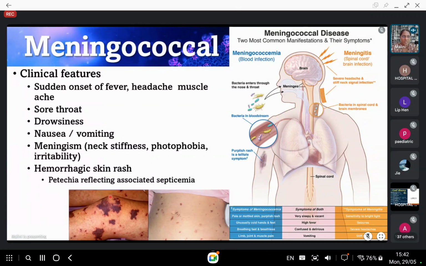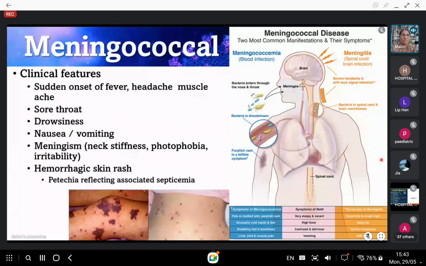As you can see, this is an image of the meningococcal rash, and if you are unfortunate enough to encounter a child with acute illness, fever with this rash, it is acceptable for you to give antibiotics even before cultures.